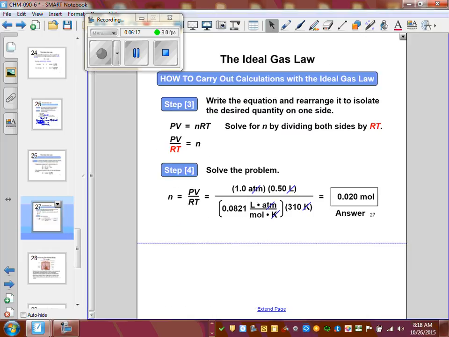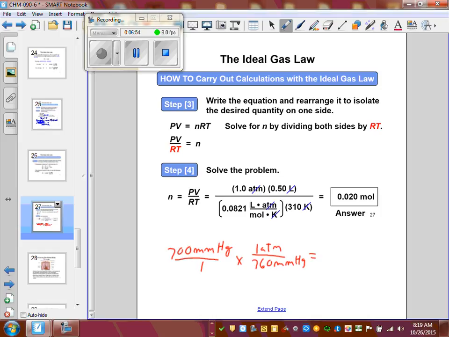If, for example, I was given 700 millimeters of mercury as the pressure, I need the pressure in atmospheres. So I have to convert millimeters of mercury to atmospheres. How do I do that? 1 atmosphere is how many millimeters of mercury? 760. So it's just a conversion times 1 atmosphere over 760 millimeters of mercury.